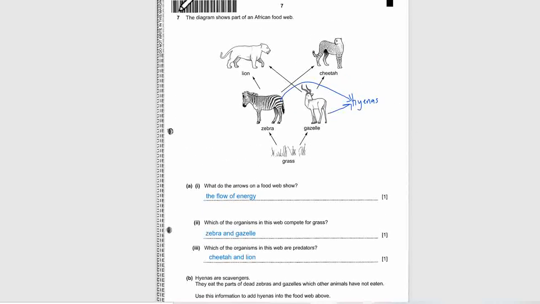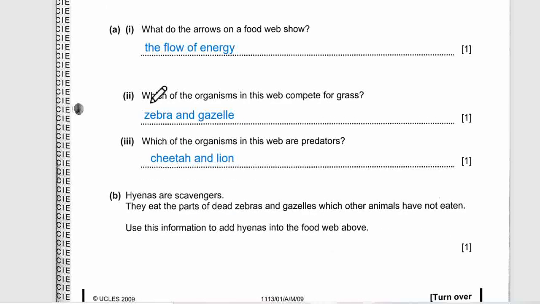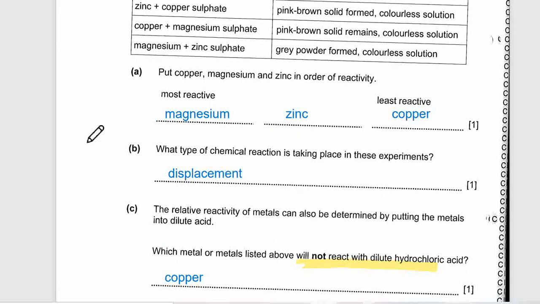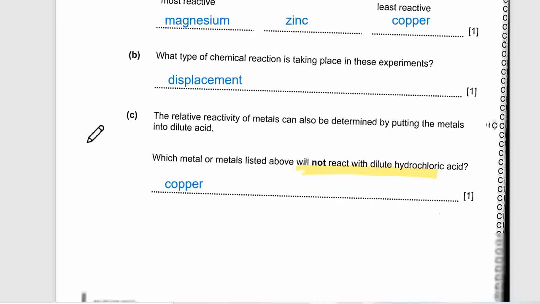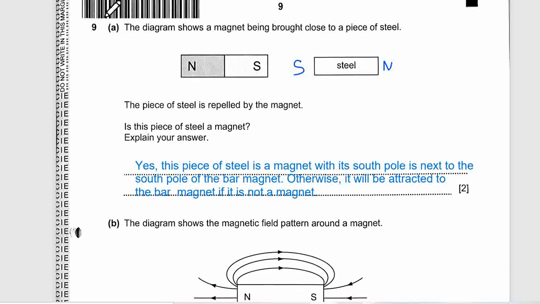This is the whole question of 7. This is the answer for question number 8, A, B, and C. And this is the answer for question number 9, 9A, 9B.